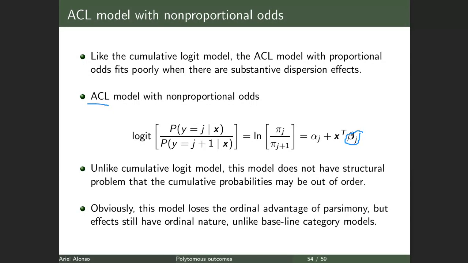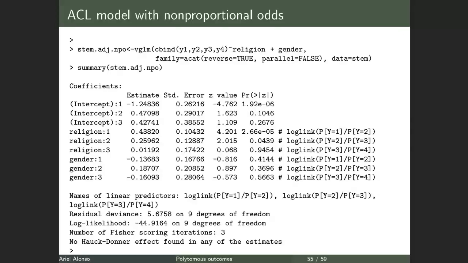Of course, if you consider this, you will have a less parsimonious model, but you can still use your model. So you can relax this non-proportional odds assumption here, and it's less problematic to relax it here than to relax it in the cumulative model. Let's do that. If you want to do that, then the only thing you need to do is to put here parallel equal to false.